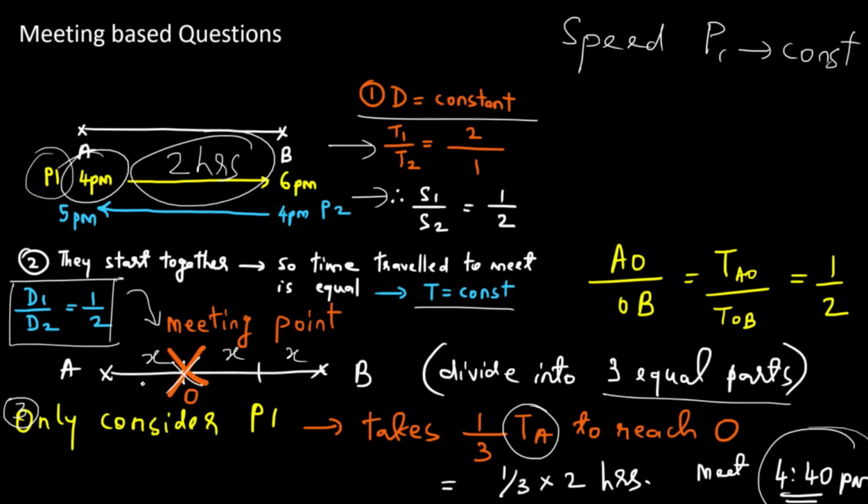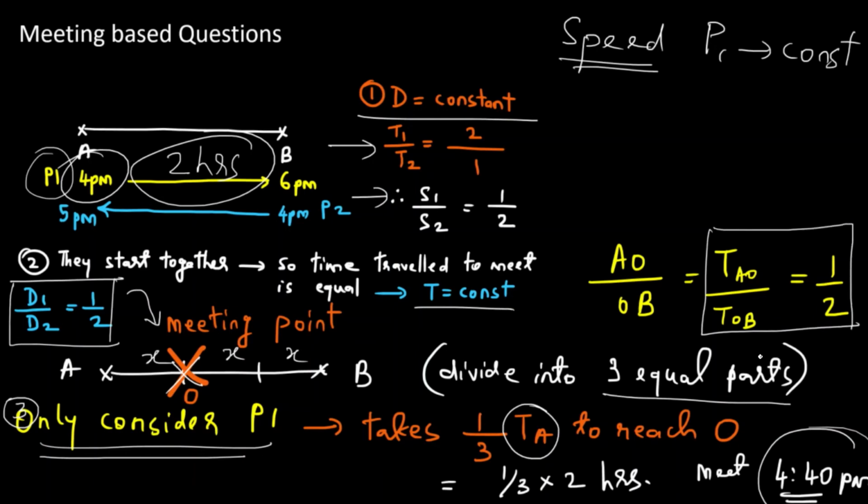All right. Now we proceeded and we took only person 1. Now, in the case of taking only one person, the speed is constant. Therefore, the distance is directly proportional to time. We know the distance ratio, that's 1 by 2. And with that, we find the time ratio, time taken by person 1 to move from A to O to the time taken by person 1 to move from O to B is equal to 1 by 2.